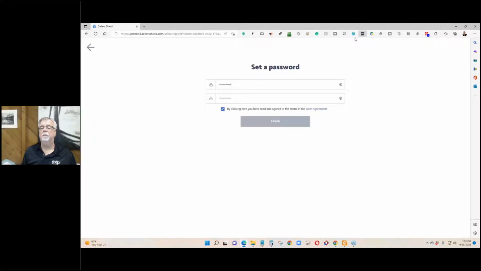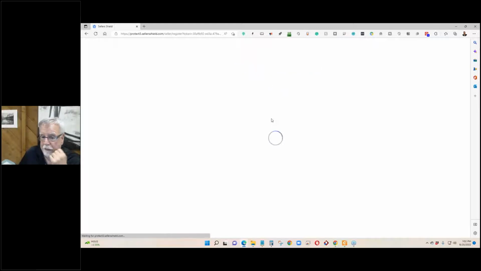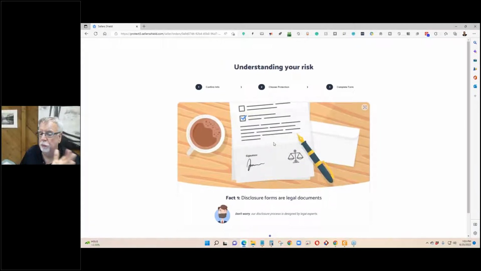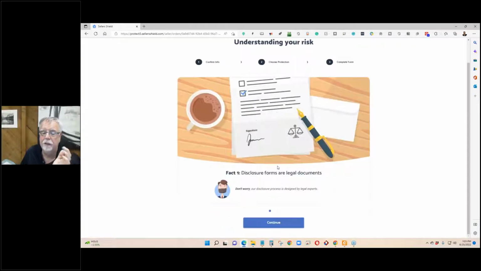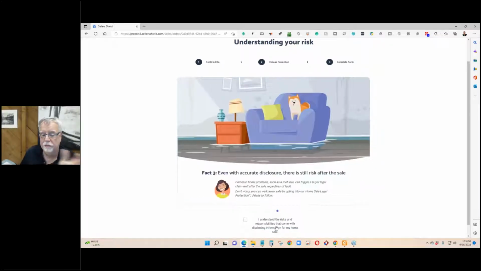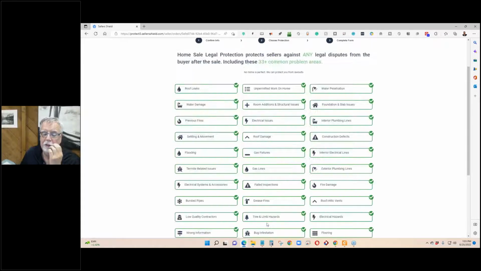Maybe it didn't like the password because I didn't do it long enough. Okay, so I made it, yes. I was trying to do it quickly. So now it's going to create an account for the client. And the reason why this is so much easier than the zip forms is because, well, you'll see. After we go through a few things, we click on yes, we click on continue.